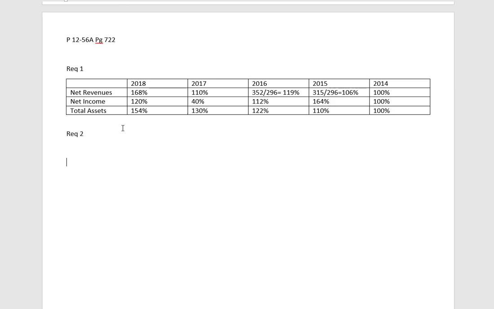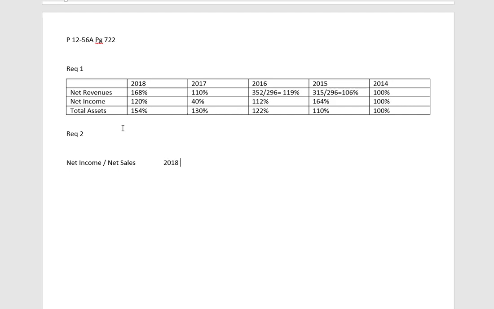Requirement 2, they want us to calculate the rate of return on net sales for 2016, 2017, and 2018, and round to the nearest 3 places, and also explain what it means. So first, return on net sales is just your net income divided by your net sales.